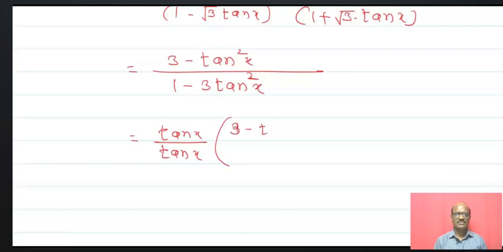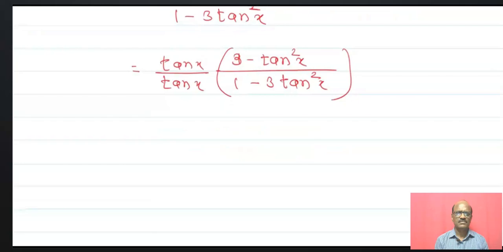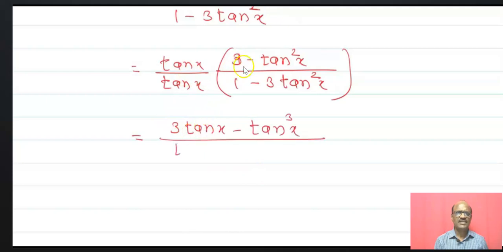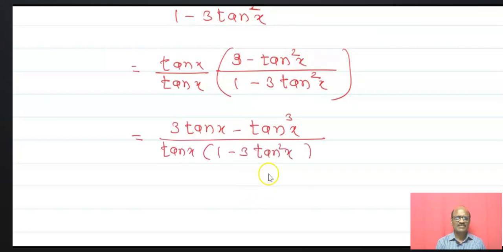Now see this here. That is tan x, that is 3 tan x minus tan cube x upon... I make small mistakes, don't multiply to the denominator. Keep the denominator term as it is, 1 minus 3 tan square x.